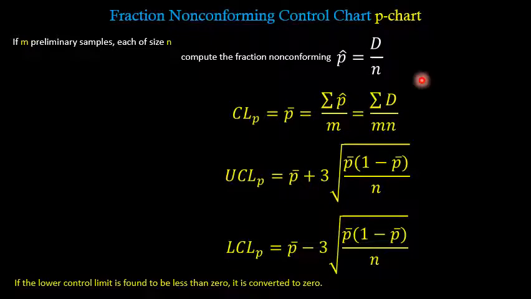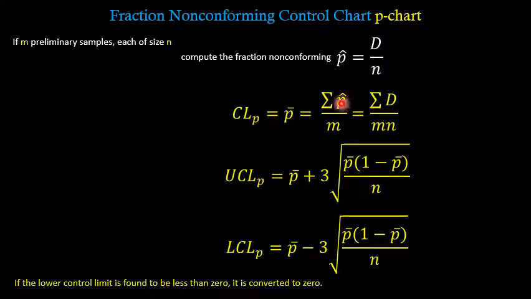The formulas we are going to use for the P chart are these. First we calculate P cap, the fraction non-conforming or fraction defective: P cap is equal to D by n. The center line for the P chart is P bar, equal to summation P cap divided by m, or we can also use summation D divided by mn.